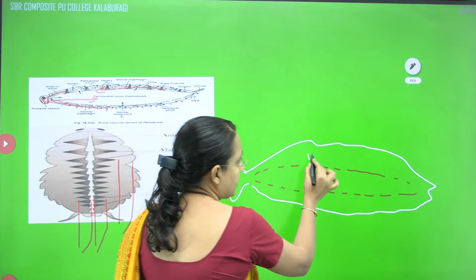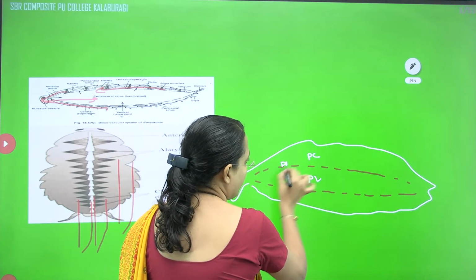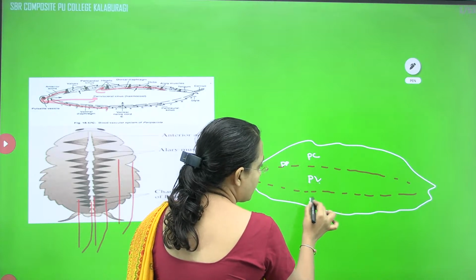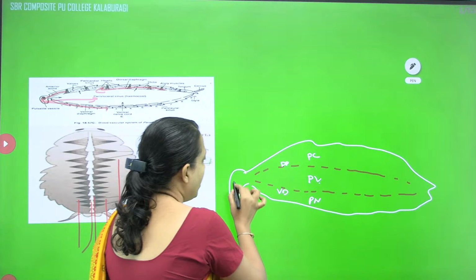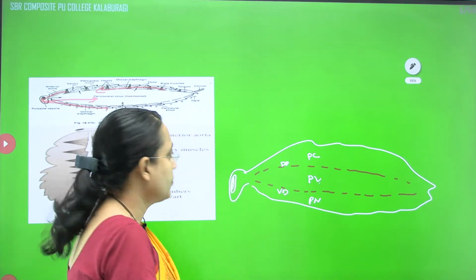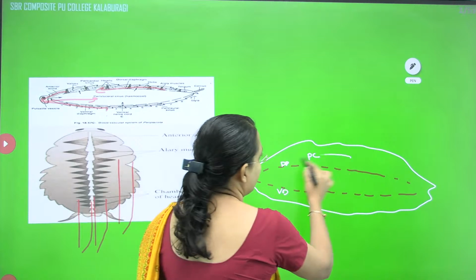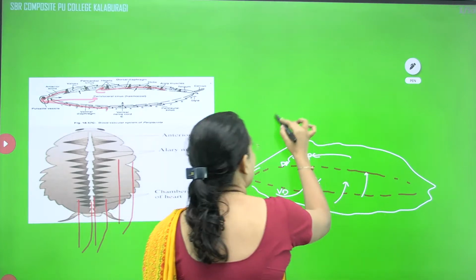So the pericardial sinus is separated from the perivisceral sinus by the dorsal diaphragm here, whereas the perivisceral sinus is separated from the perineural sinus by the ventral diaphragm. And this is the cephalic sinus. Okay. So therefore, the direction of the blood will be anti-clockwise.